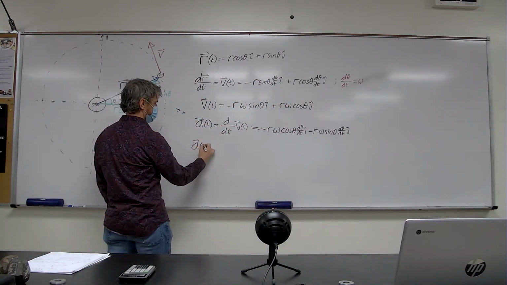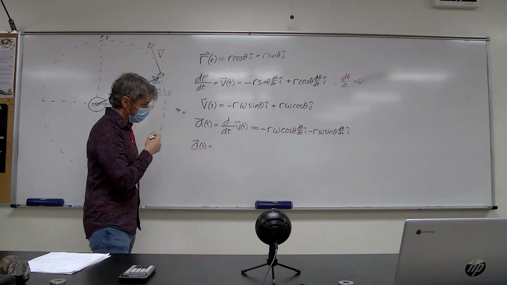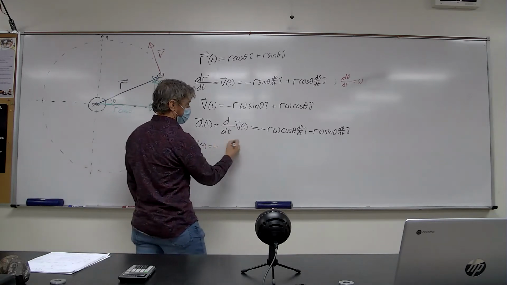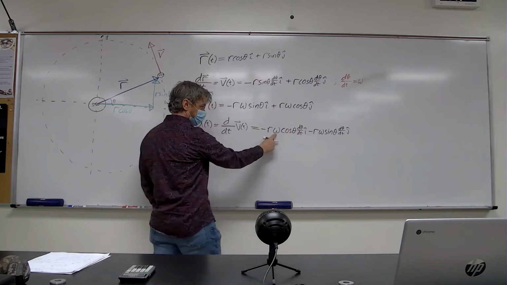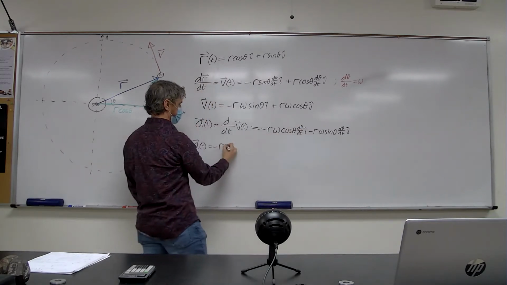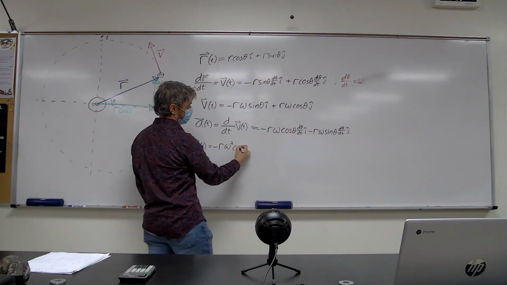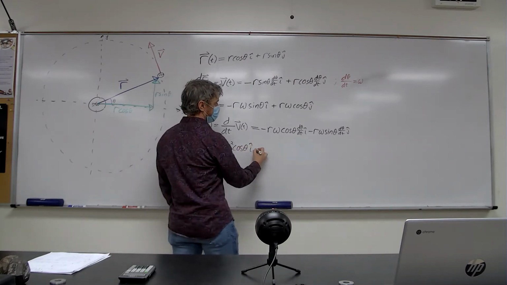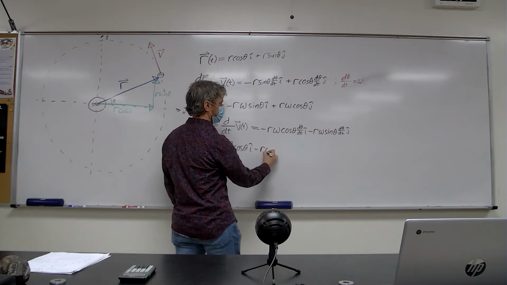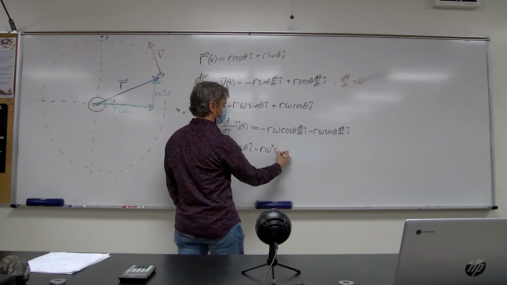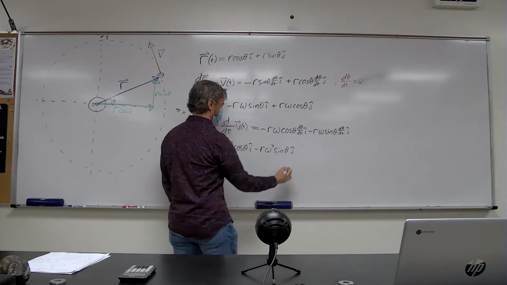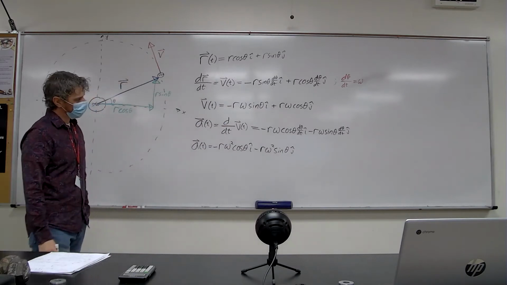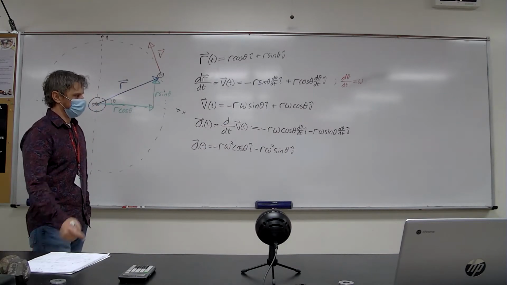My acceleration function is going to be negative r omega squared times the cosine of theta times i hat, minus r omega squared times the sine of theta times j hat. Now watch this.